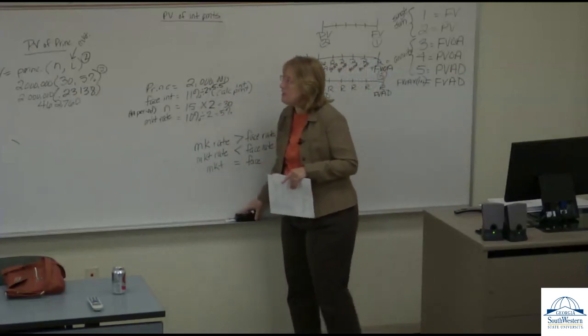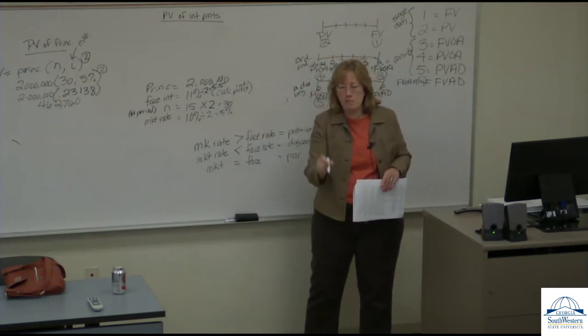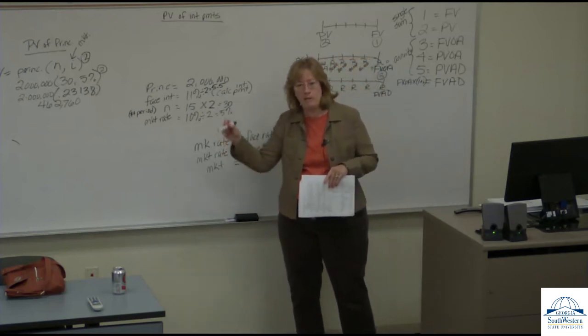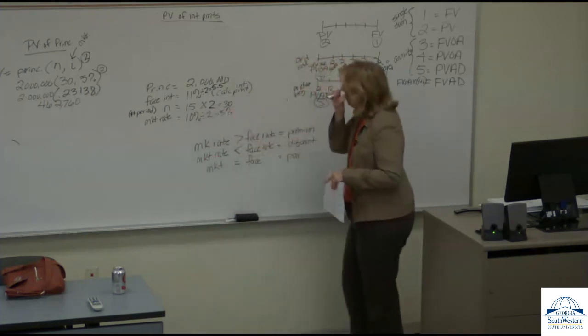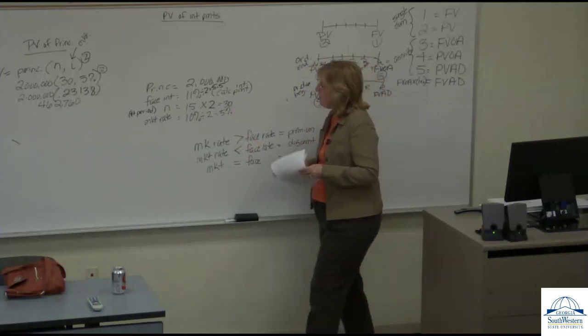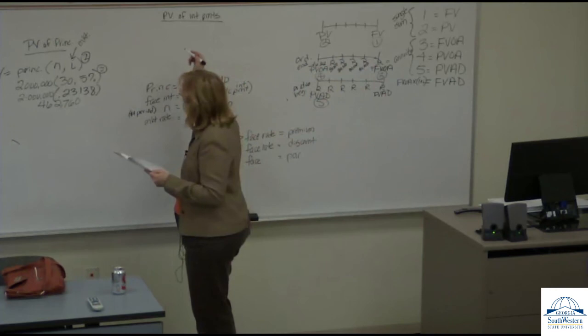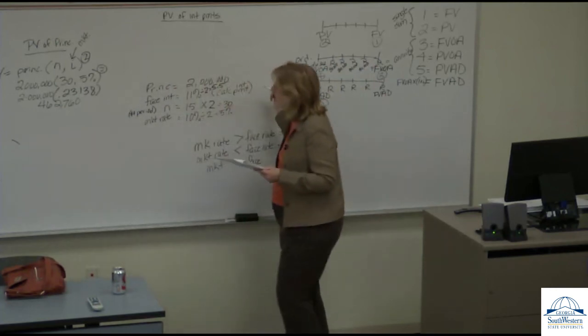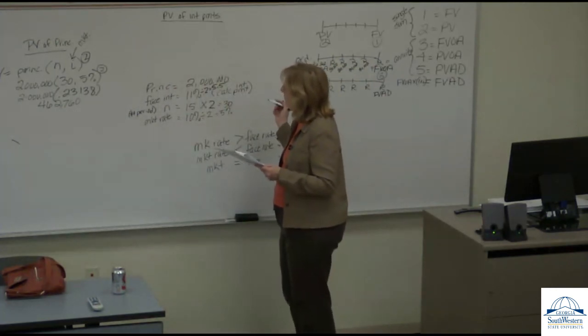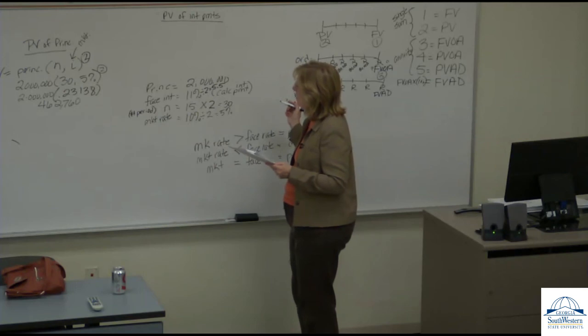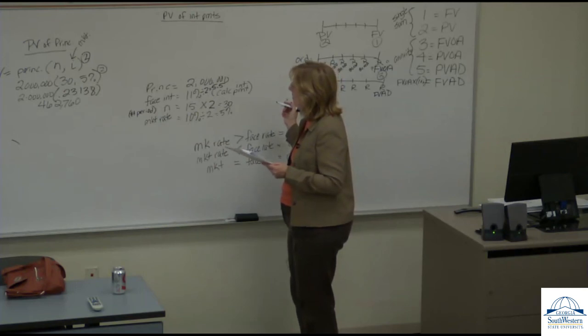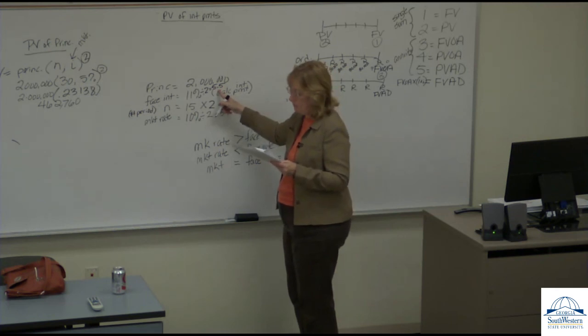So in this, they're going to get interest payments twice a year, remember? They're going to get interest payments twice a year. The amount of the interest payments is 5.5.